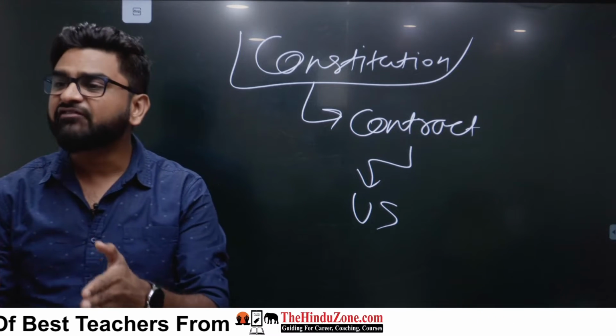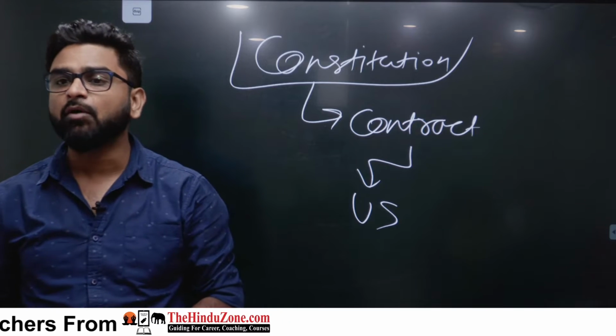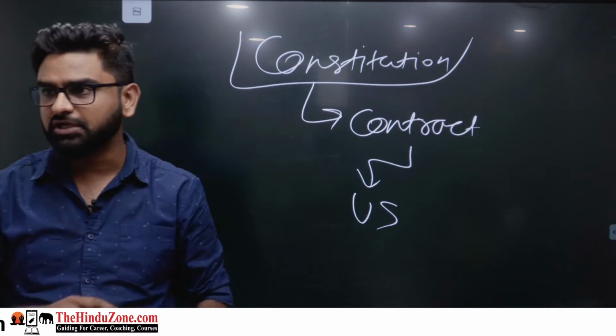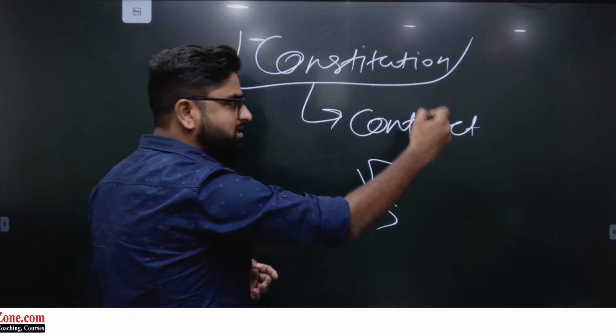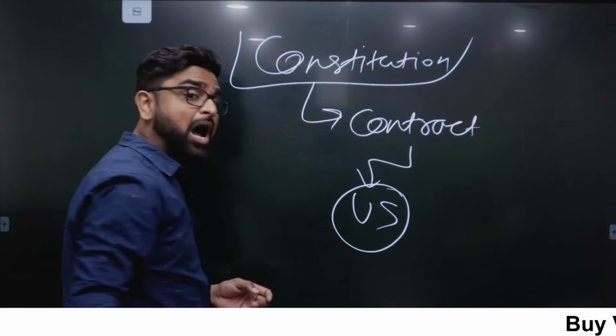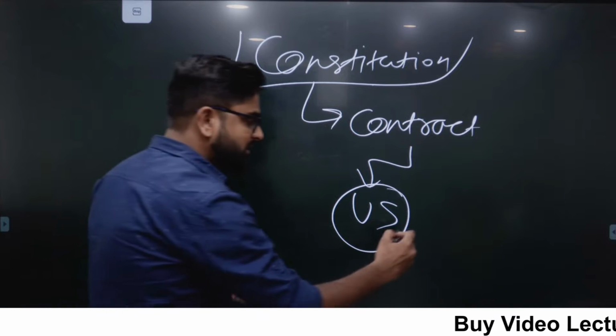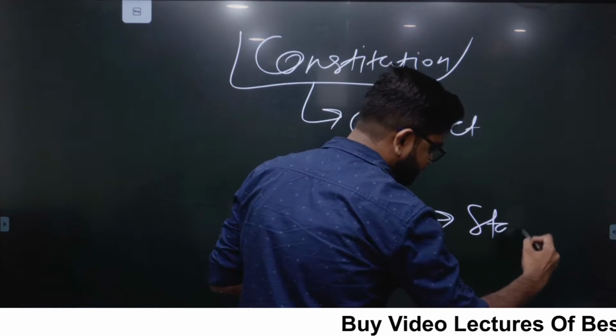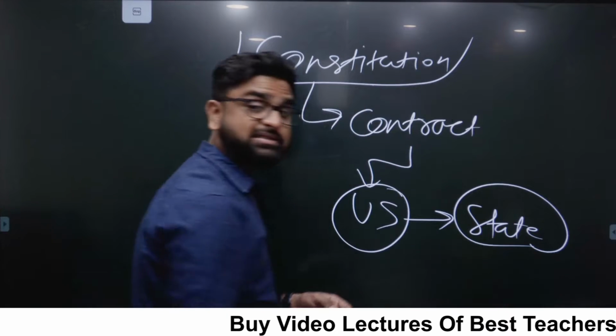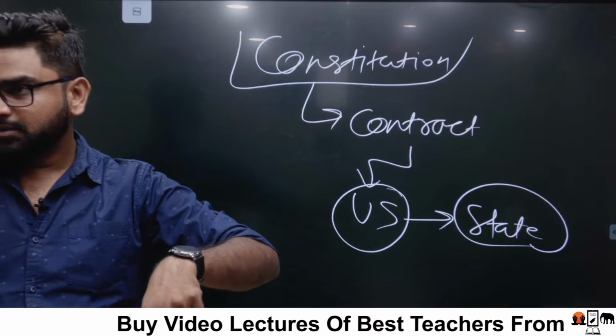And for that, we have created agencies by the name of government, legislature, judiciary. So the Constitution is a contract among us, and the outcome of the contract is the state. State is the outcome of the contract.